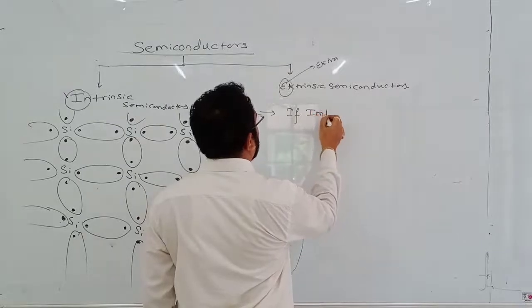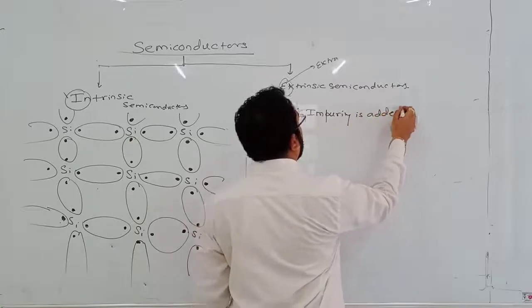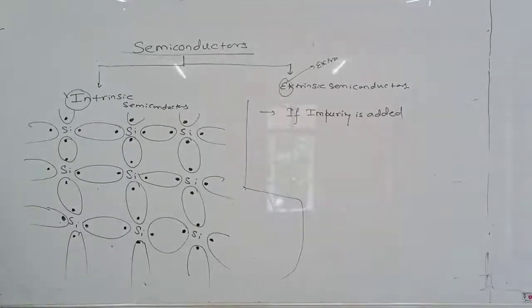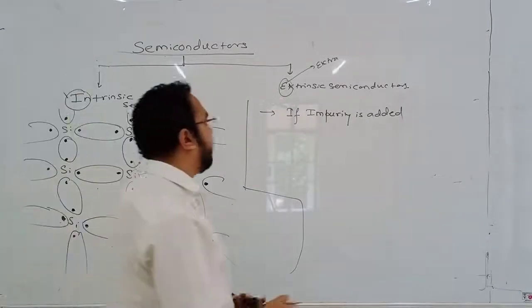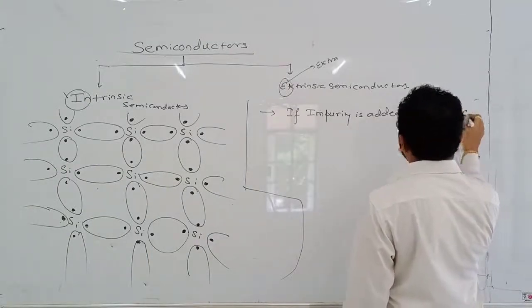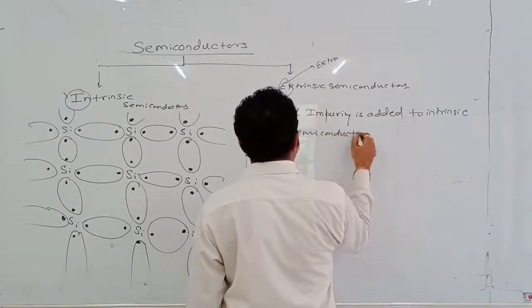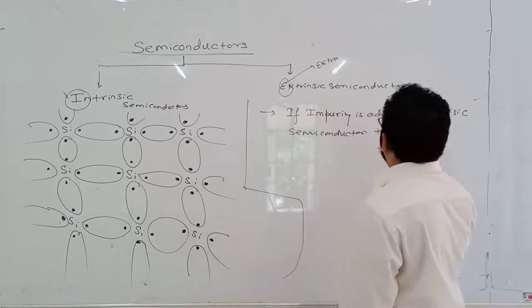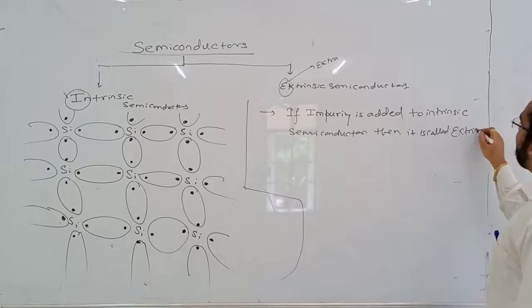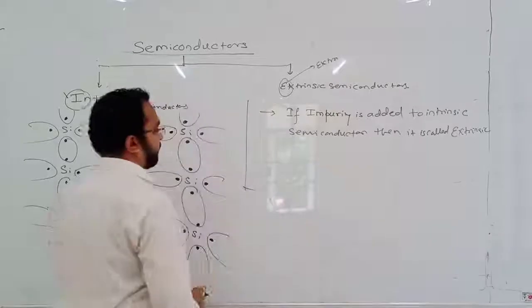In extrinsic semiconductor, if impurity is added to intrinsic semiconductor, then it is called extrinsic.